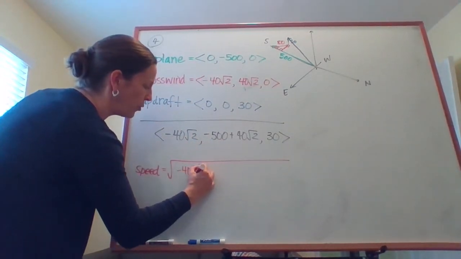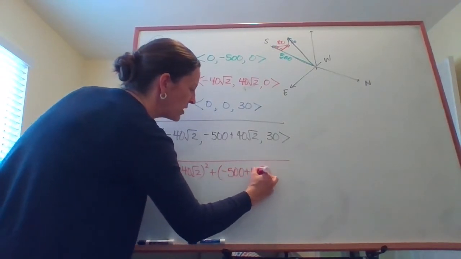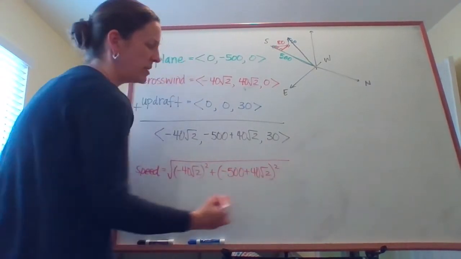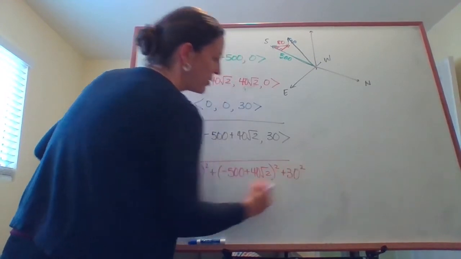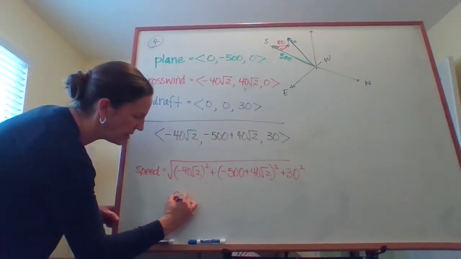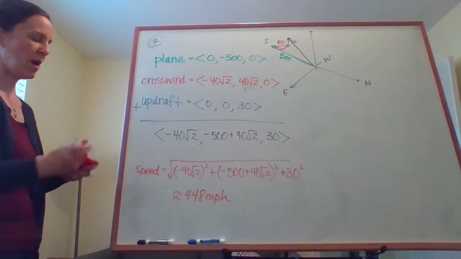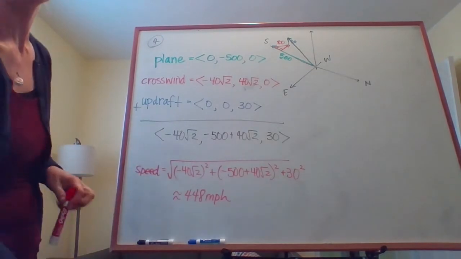So that's negative 40 rad 2 squared, negative 500 plus 40 rad 2, quantity squared, and 30 squared. And if I do that and I take the square root, I end up with an approximate speed of about 448 miles per hour. And that is problem 4.